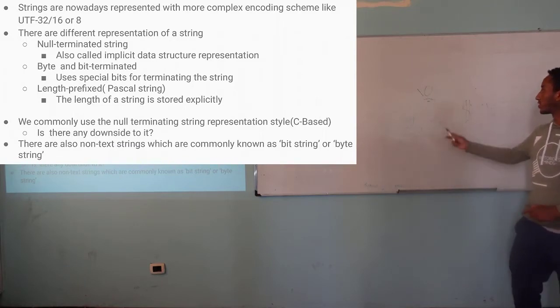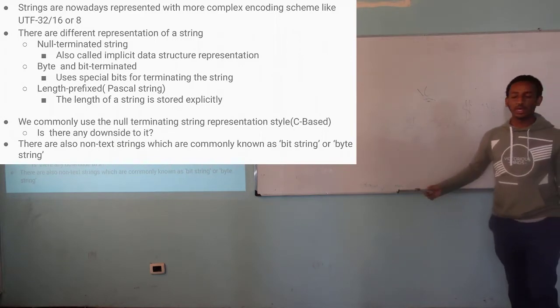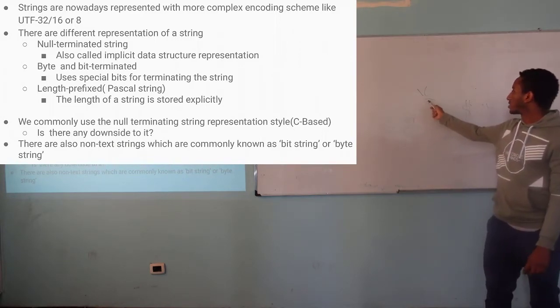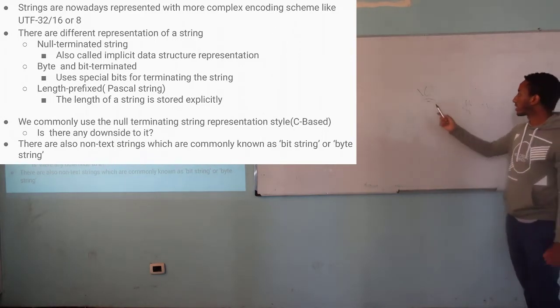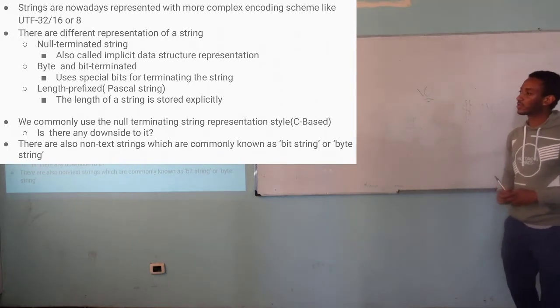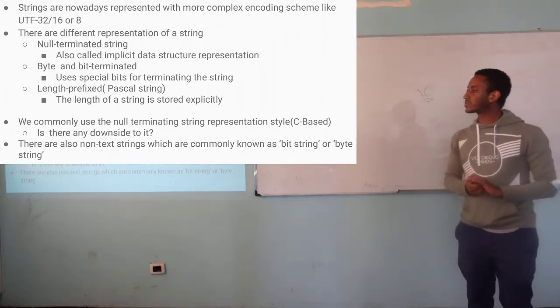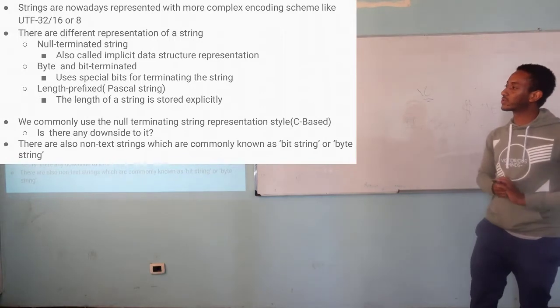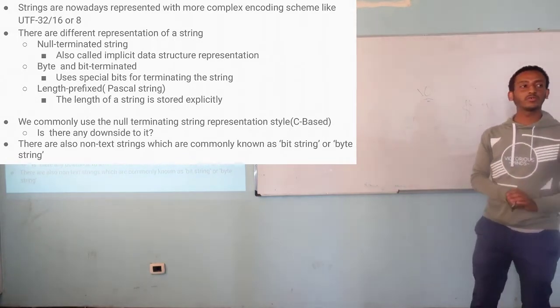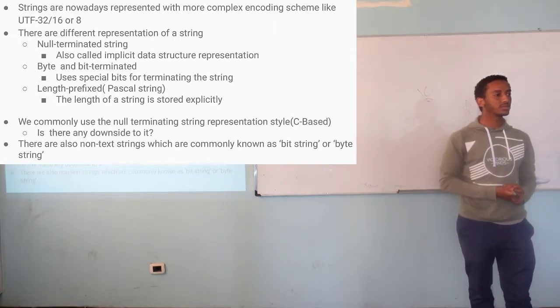But nowadays, since we normally use these characters in our strings, it would be better to use this null character to terminate it. But there is one downside to it, maybe you could guess.